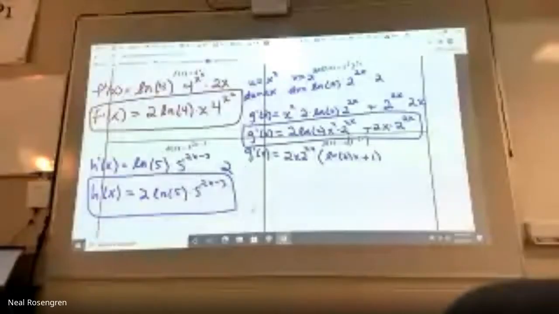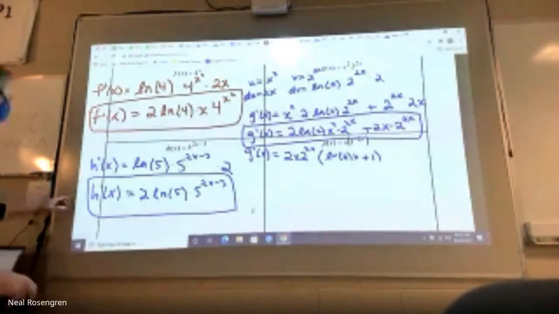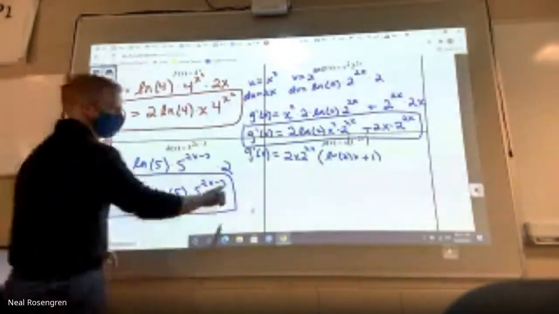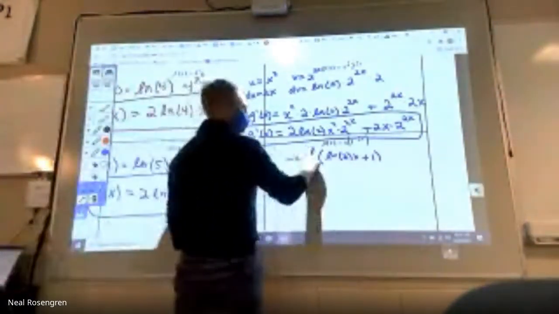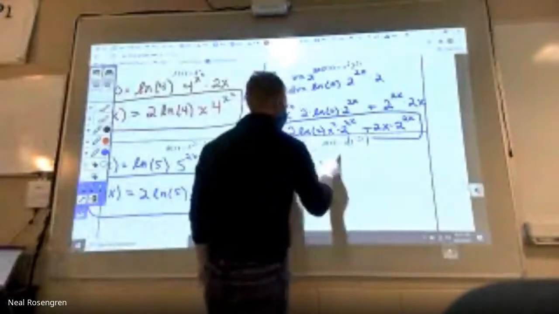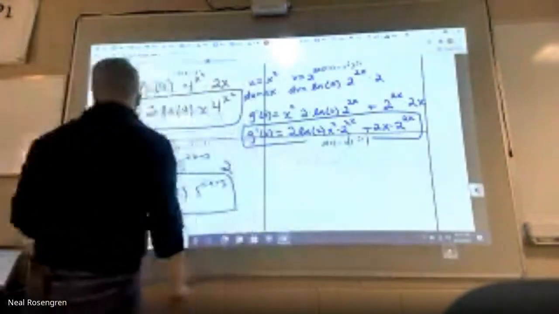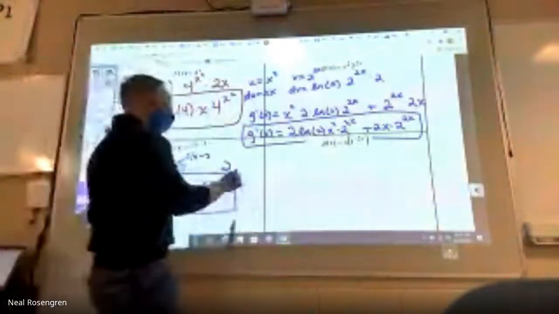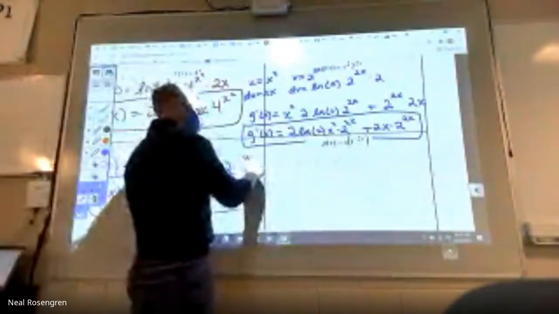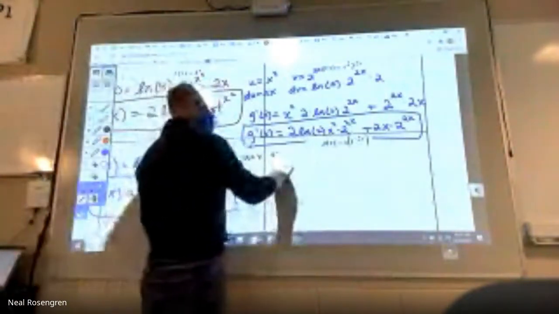And I will ask you to write it as a single rational function, just to practice that process. Looks like the product rule then. Make sure you got that going first.